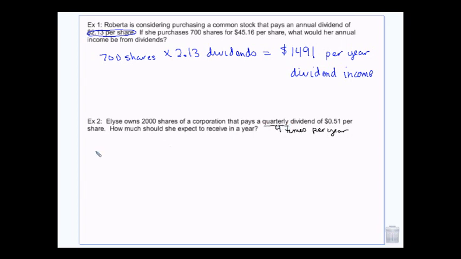Okay, so she's got 200 shares times 51 cents per share. And so she's going to get $102 per quarter. But that happens four times a year. So she's going to get $408 per year.